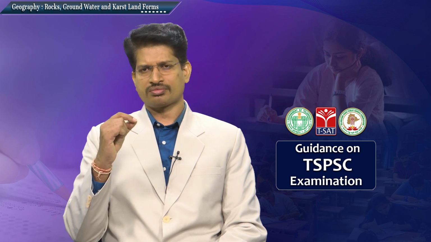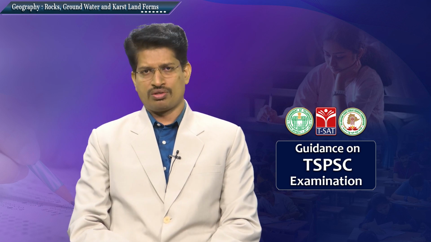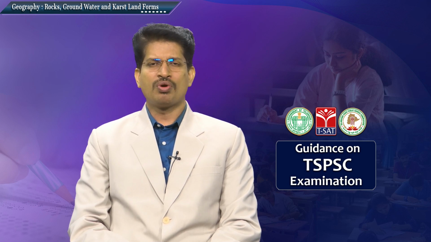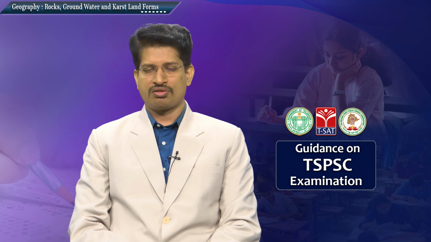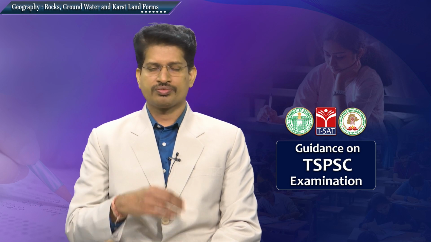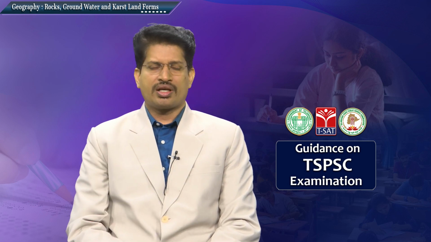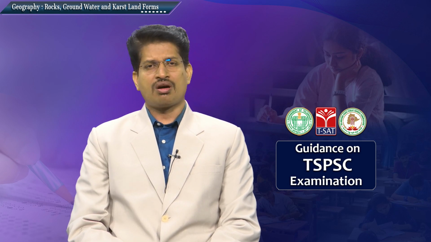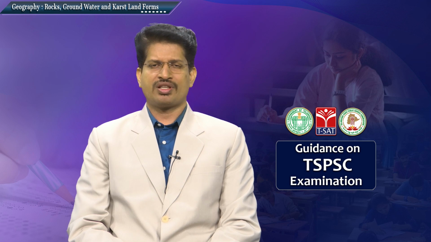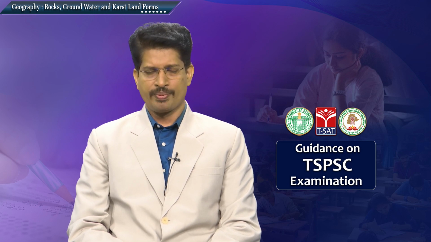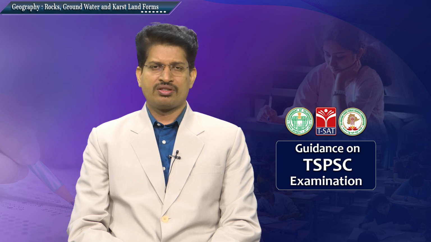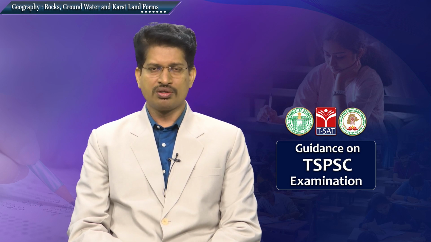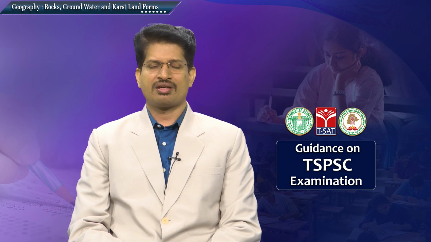For example, the rock must be porous, meaning the rock must have many pores or fractures or cracks. Apart from this, the rock must be pervious. The difference between porous and pervious is that the pores and fractures must be interconnected, allowing the water to flow from pore to pore. Then only a rock can act as an aquifer.